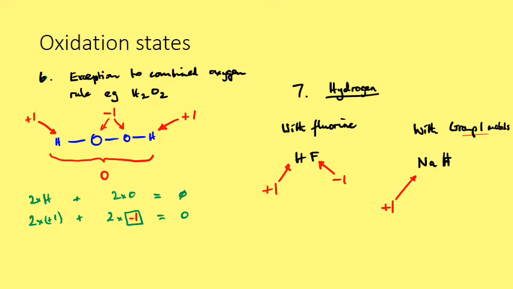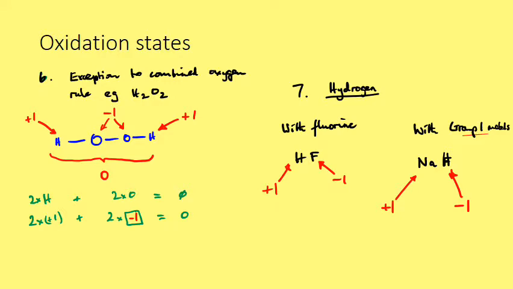So sodium is going to give up its electron to hydrogen. Hydrogen is the most electronegative of those two, which means in the case of metal hydrides, like sodium hydride, the hydrogen is going to be -1. Okay, and so now you have all 7 rules for the oxidation states.